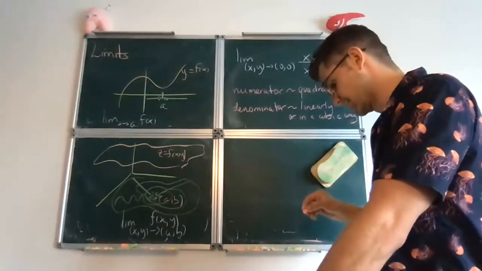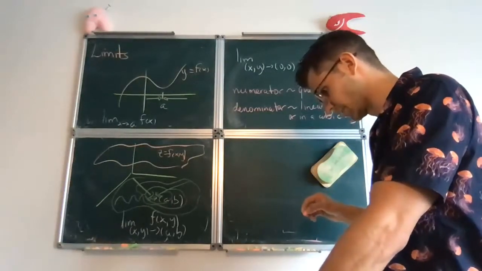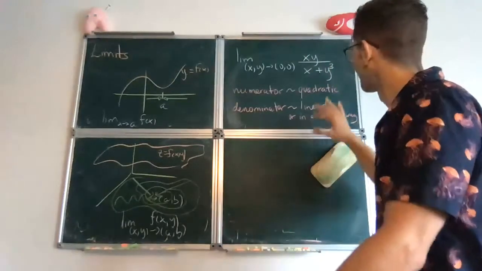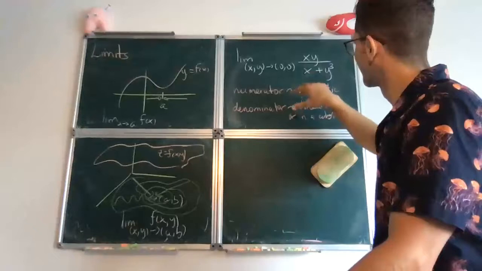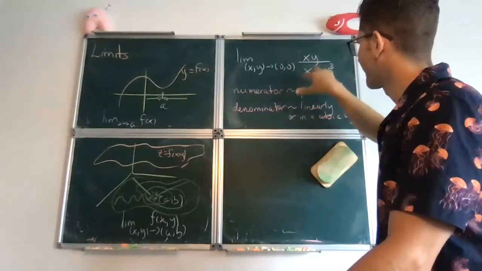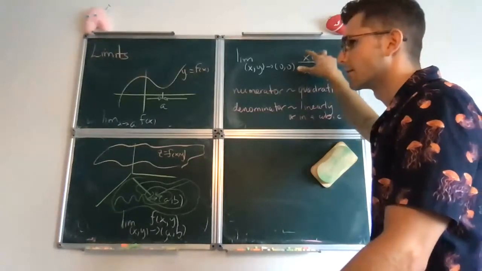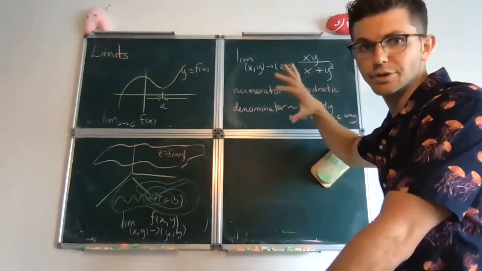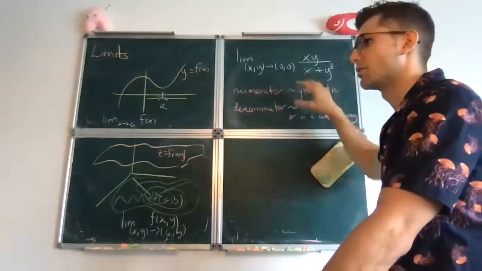So what we want to see is this: if the numerator is quadratic and you divide by something linear, something like area by length, that gives you units of length, and you would expect that to go to 0.